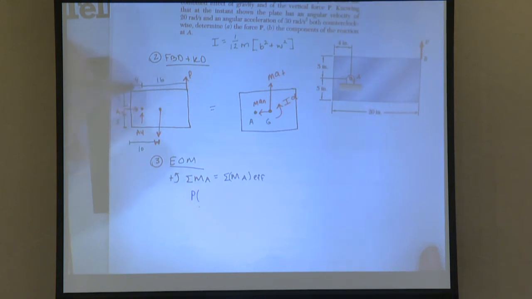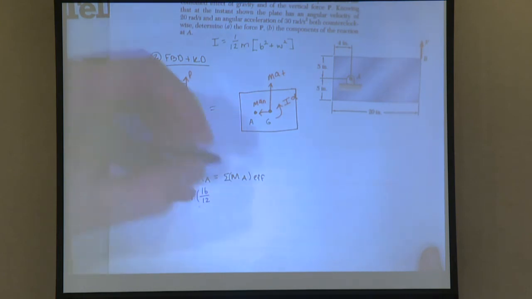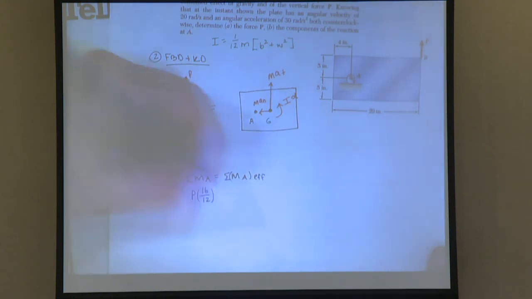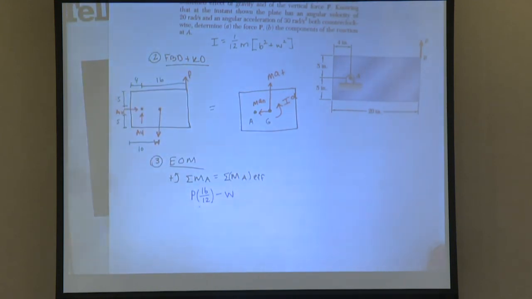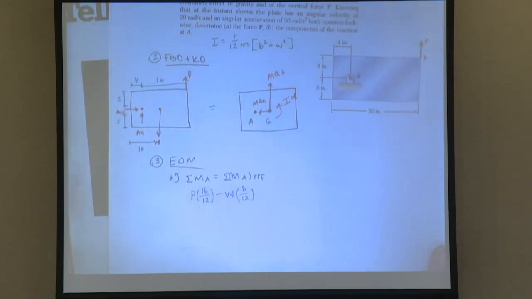From P to A is 16 inches. I want this in feet, so I have 16 over 12. P is going counterclockwise, so it's positive. For W, it's going clockwise, so we know it's negative. So I have W times 6 over 12, because it's 10 minus 4.